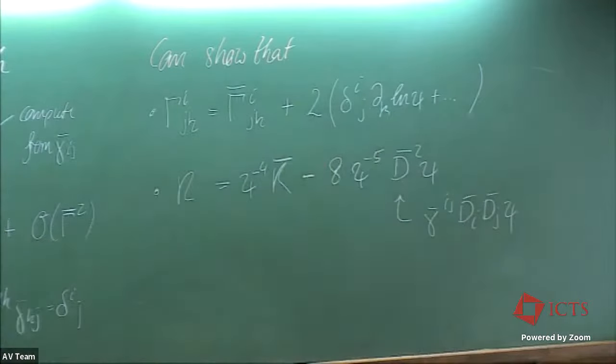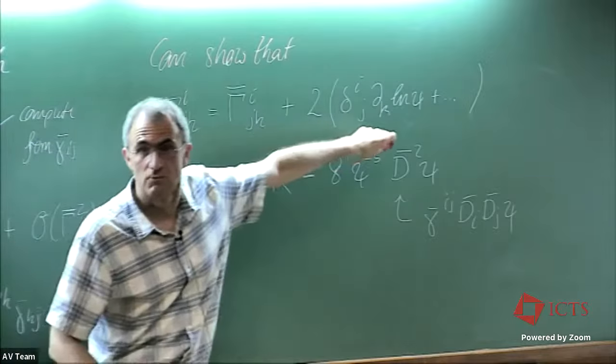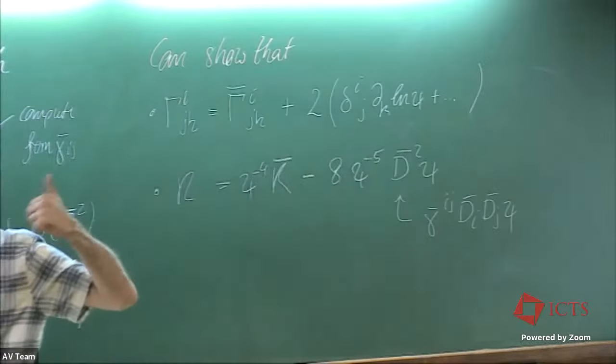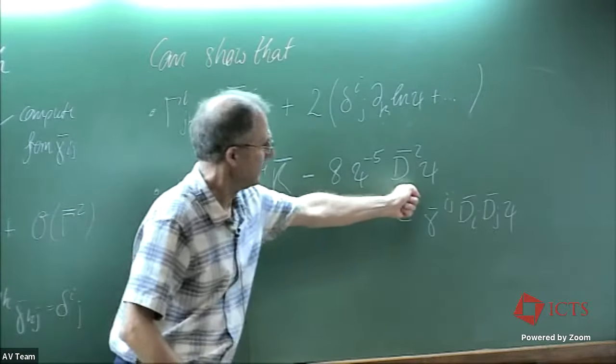Okay? So again, I don't expect that you see, oh yes, that must be right. But you probably see that it must be something like that, because the only new term involves second derivatives of the conformal factor, and that's what is hidden in there.